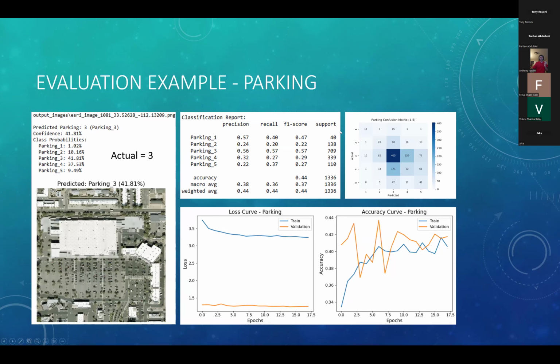And then looking at the other images here, the classification report, again, we look at the precision, recall, and F1 score. This model had an overall accuracy of 44%, which again, not as high as I wanted. But when you think of 5 classes and you think of a random sample, that'd be 1 out of 5, which would be 20%.